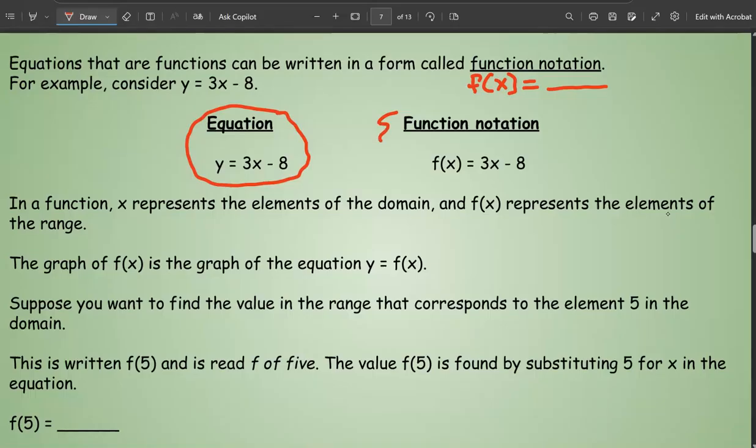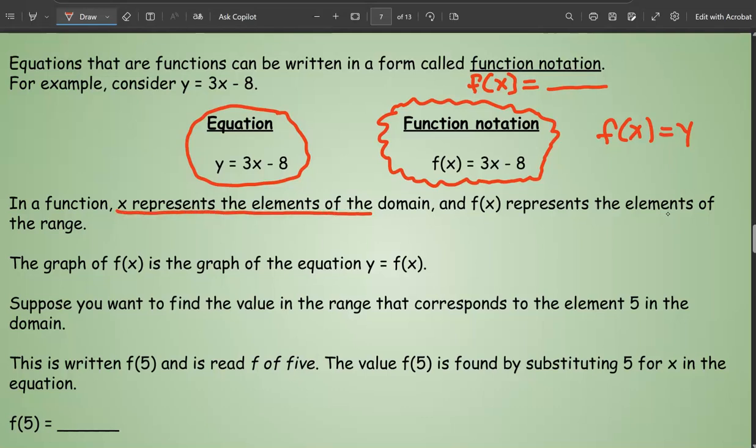But for it to be written in function notation, notice we got rid of the y and we replaced it with f of x. So f of x is just a fancy way of writing y. That's all it is. So we already know that x represents the elements of the domain, and y, because we can say that f of x is y, represents the element of the range.